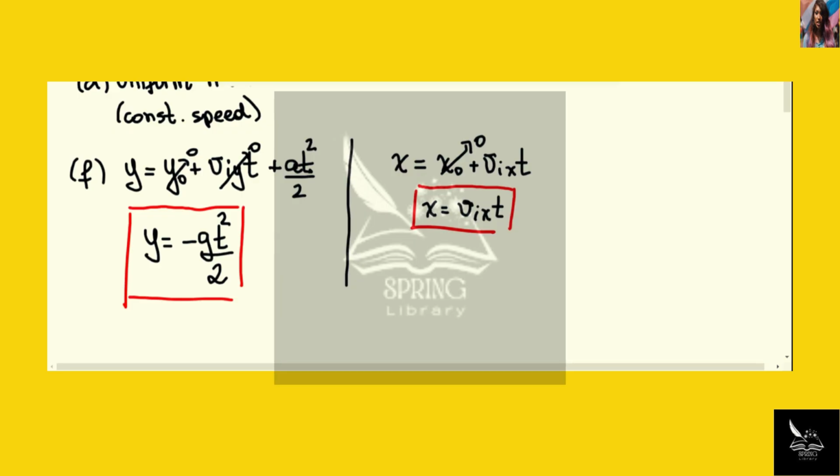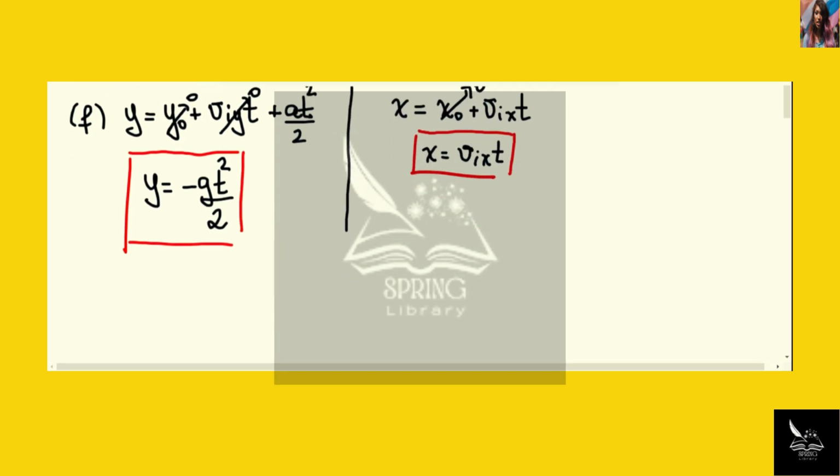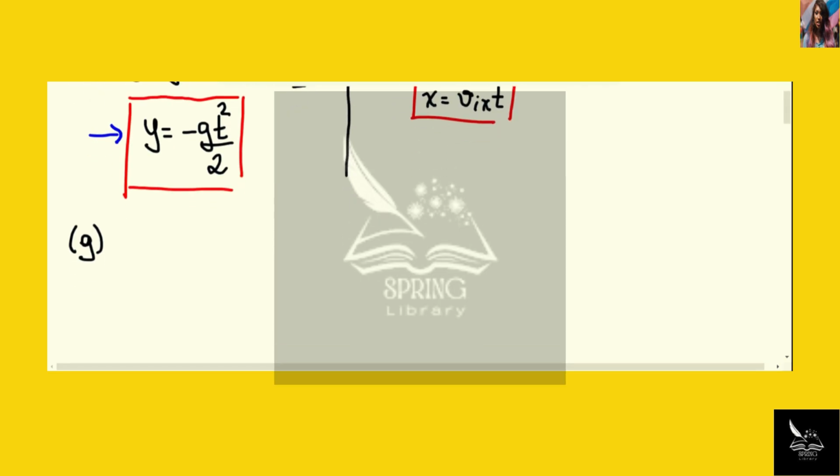And now to the final two questions. In question G, we have to find how long it takes for the rock to reach the water after it was released. All I'm going to do is use the equation for the y-coordinate that I found in F. The y-coordinate when the rock reaches the water is minus 50, because the height of the cliff is 50.